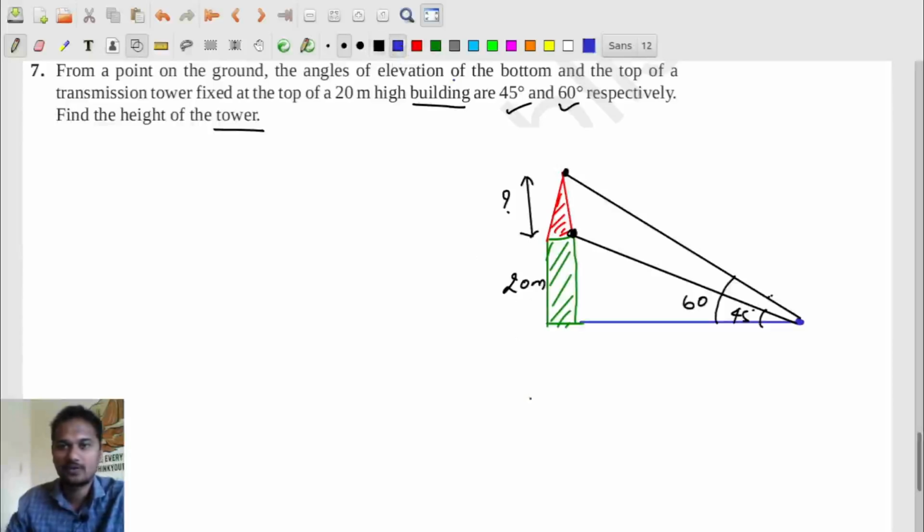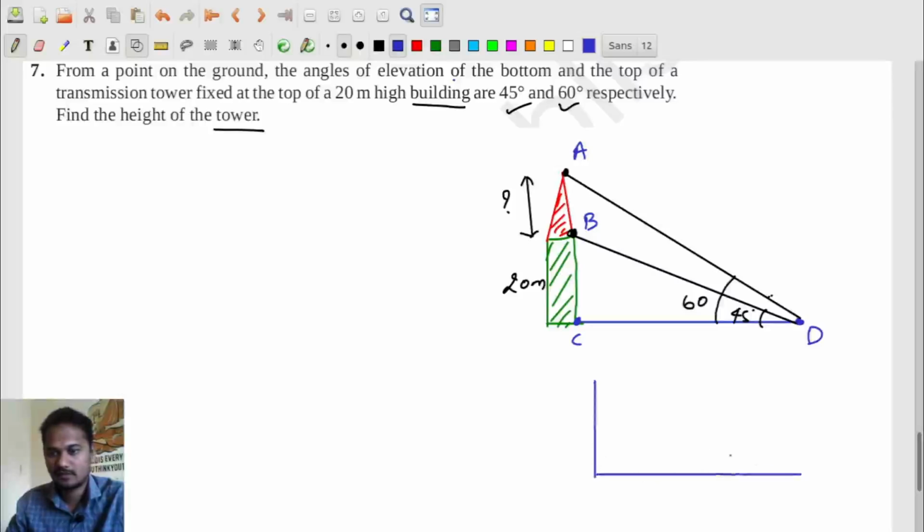So what are those two triangles? Before taking triangles, let me name the points. I will take this point as A, this point as B, this point as C, and this one as D. Okay, so if you simplify this, you will get this figure.